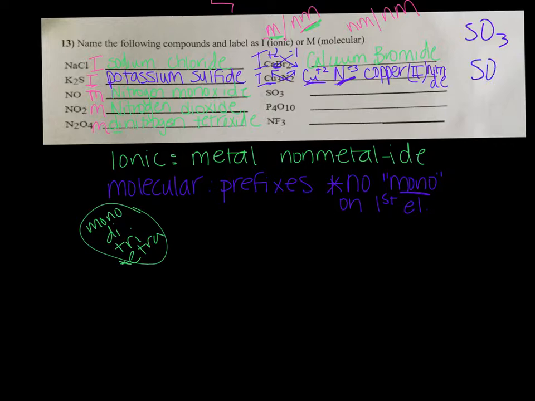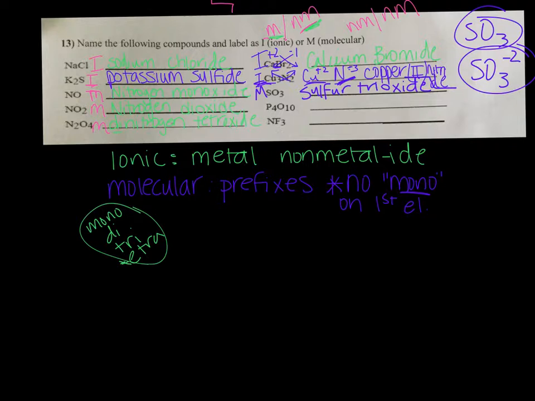If it was SO3 with that -2, this is sulfite. That's a polyatomic ion, which we're going to end our video with. This is just a molecular compound. So we're going to go ahead and label it molecular. We're going to say sulfur trioxide. Okay? Sulfur trioxide.